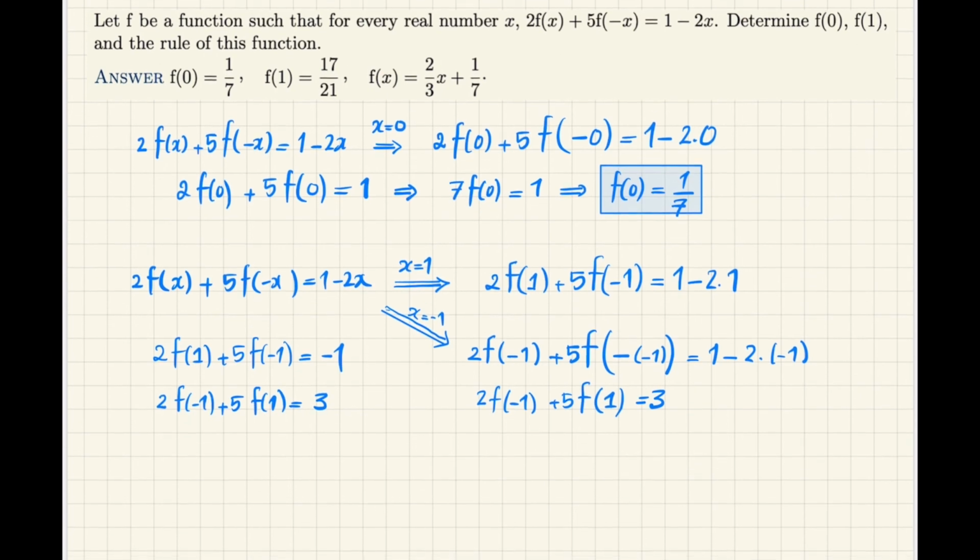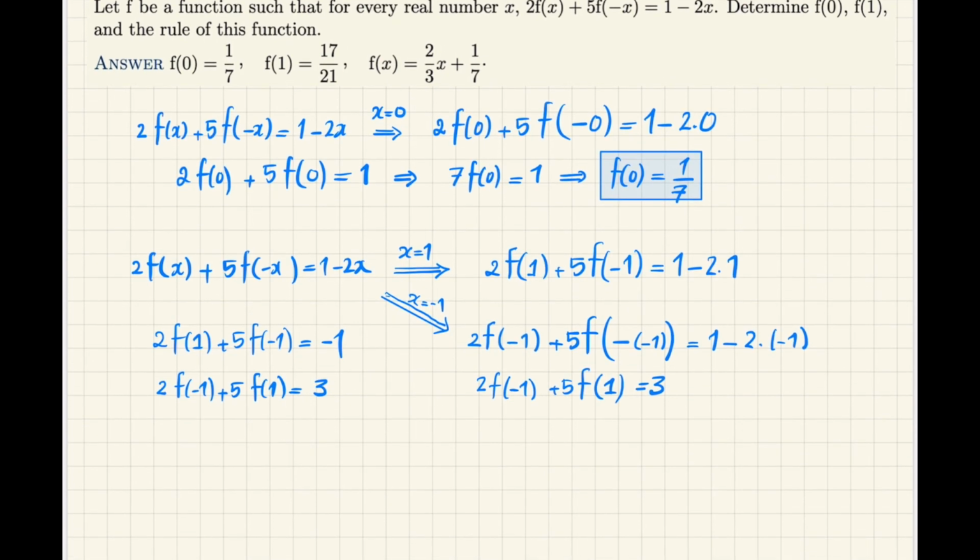Now, I hope that you understand what's going on. If I ask you how many unknowns are involved here, you would say 2, because you don't know what this is. You don't know what this is. But they are the same unknowns repeating themselves here again. So it means that I have a system of two equations. This is one equation.